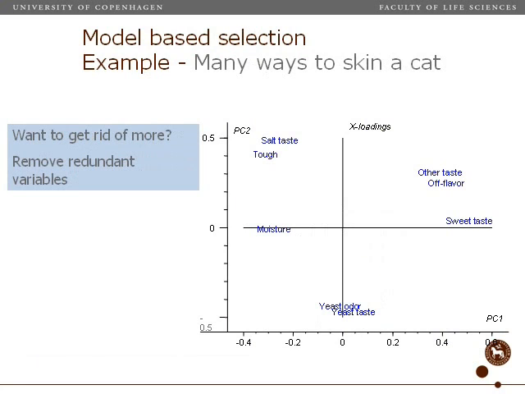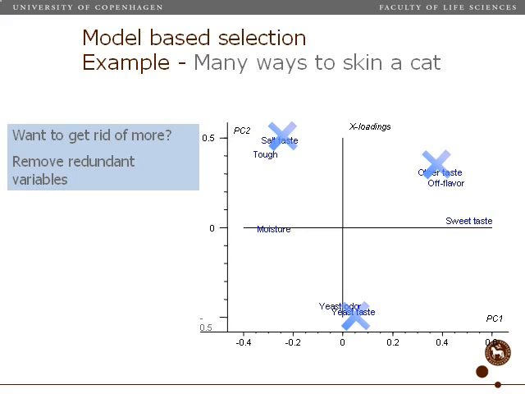So now we have removed all 3 of them, and in fact we did get a better prediction. If you look at the loading plot now, you can see that some of the variables are very correlated. For example, the variables called other taste and off flavor, because they are close to each other, far outside in the model, so it seems that they are giving more or less the same information.